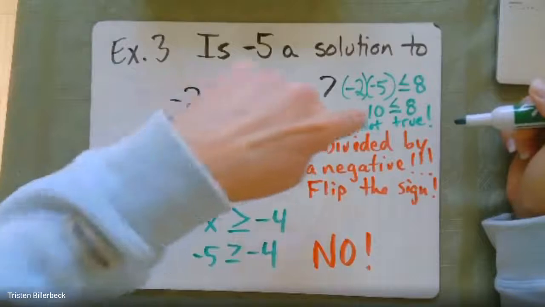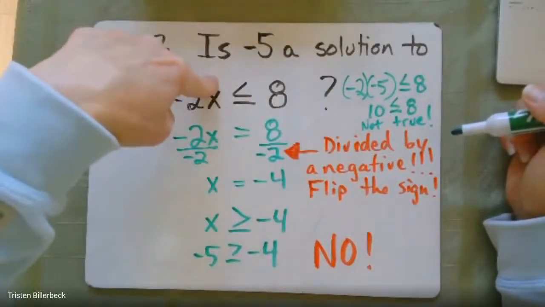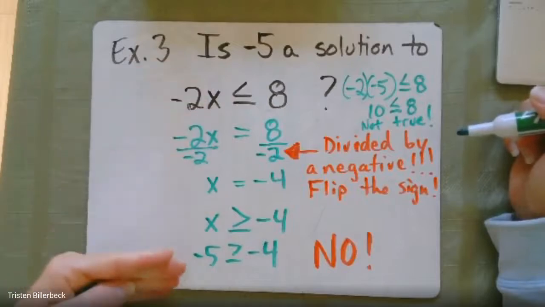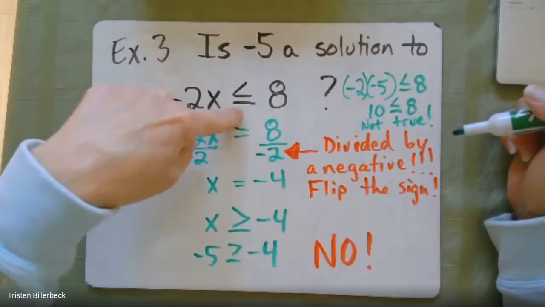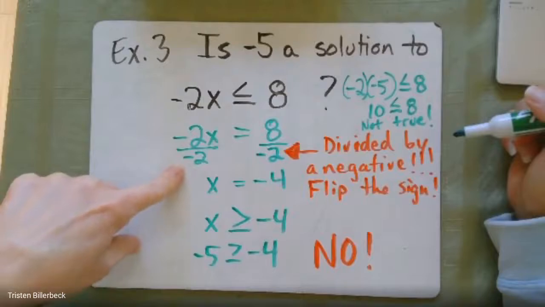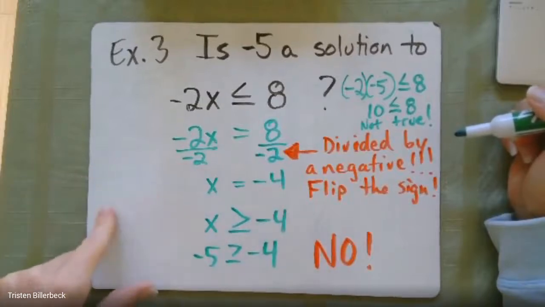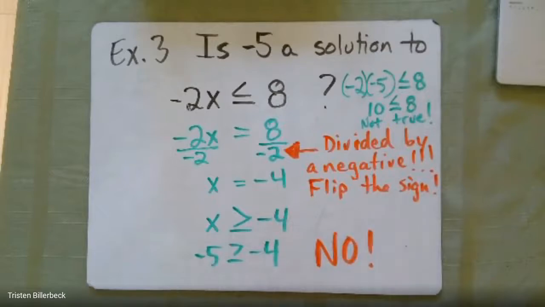Okay, so it was not a solution here when we actually plugged the number in. And when we did the math, if we forgot to flip the sign, we would have been in big trouble, huh? So when you're dividing or multiplying by a negative, flip the sign. It's very important. All right, so let's look at the next one.